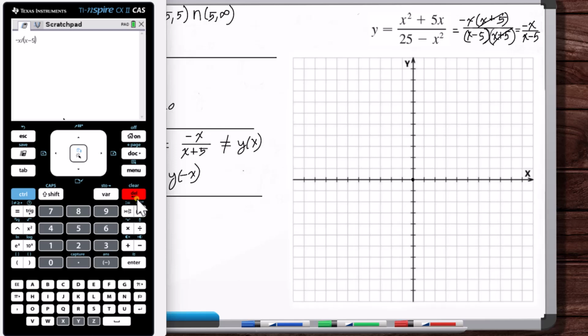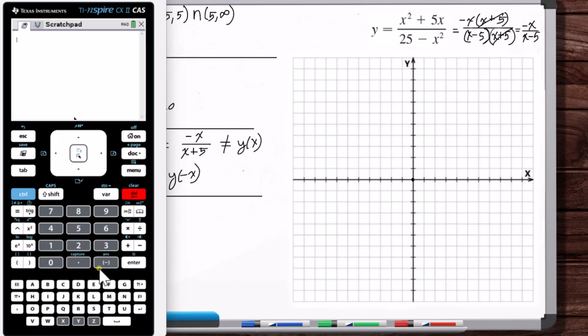Well, let me actually do the real function here. Okay, so store as e.